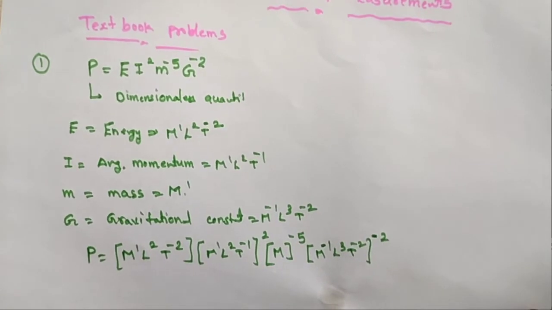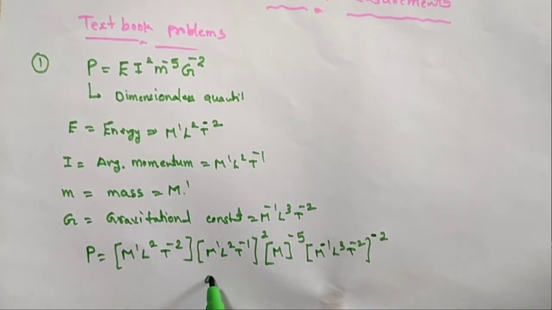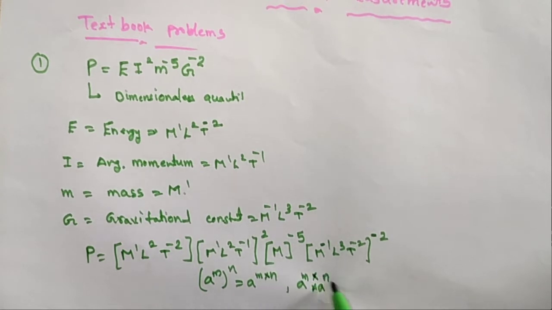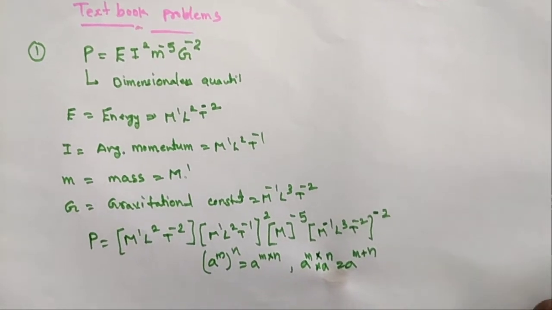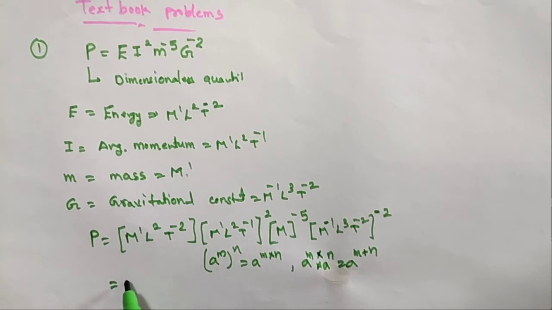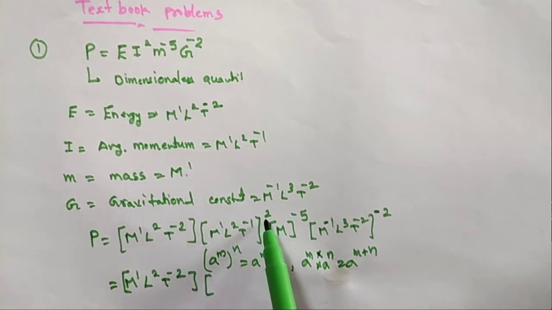So here, this is one formula: a power m whole power n is equal to a power m into n. And another formula: a power m into a power n is equal to a power m plus n. By using these two formulas, here this is M power 1 L square T power minus 2, and M power 1 whole square, that is M square.